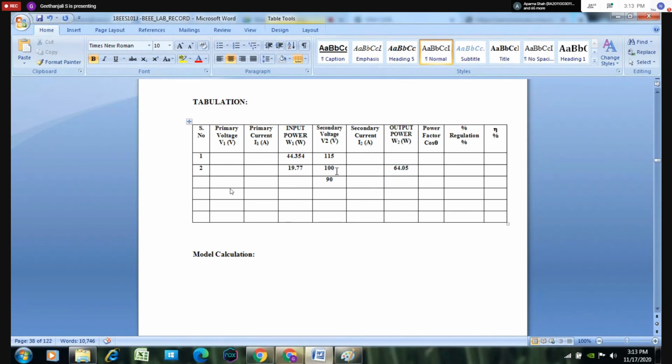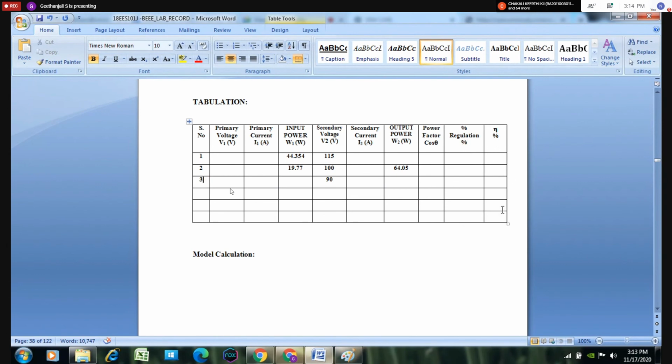For the third reading, the regulation is 115 minus 90 divided by 115 into 100, which will give the percentage regulation. This is the way to obtain the percentage regulation for all the readings.